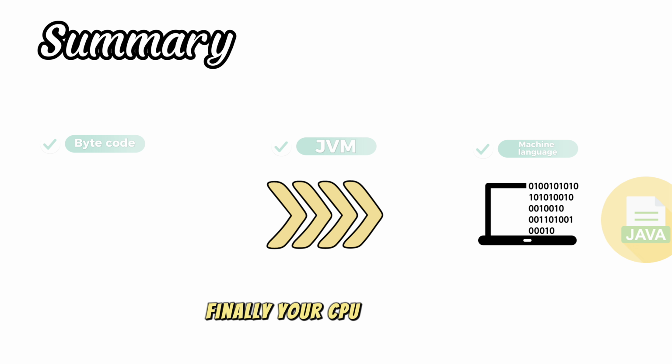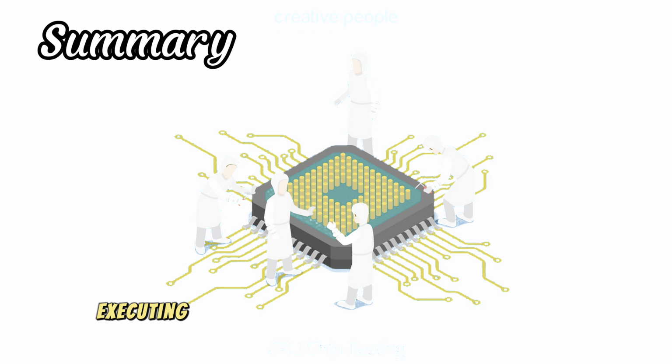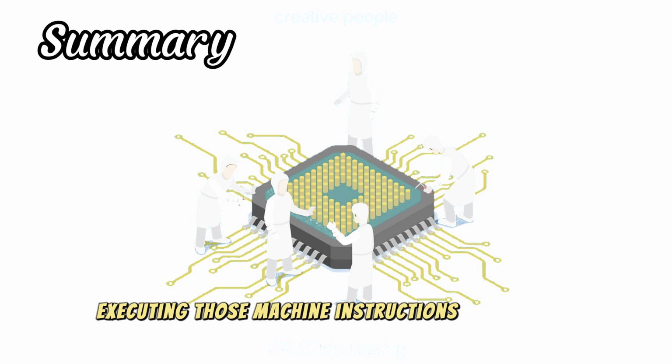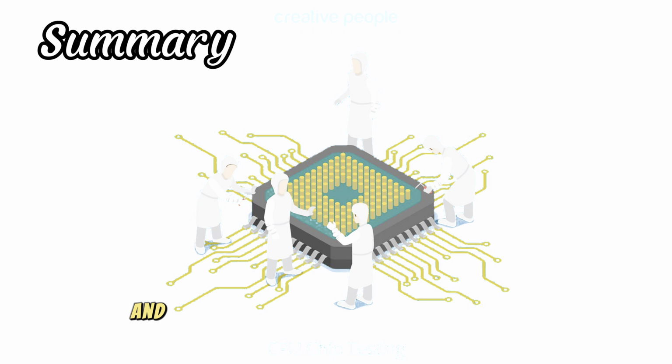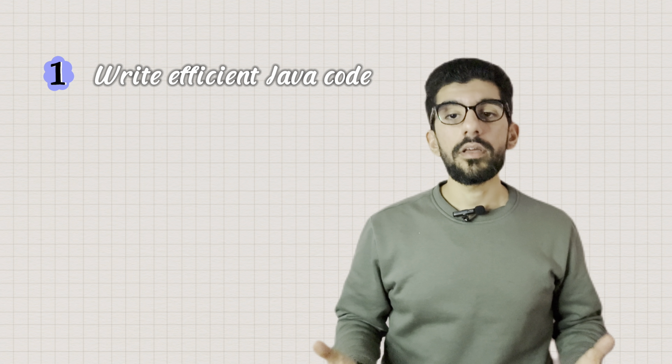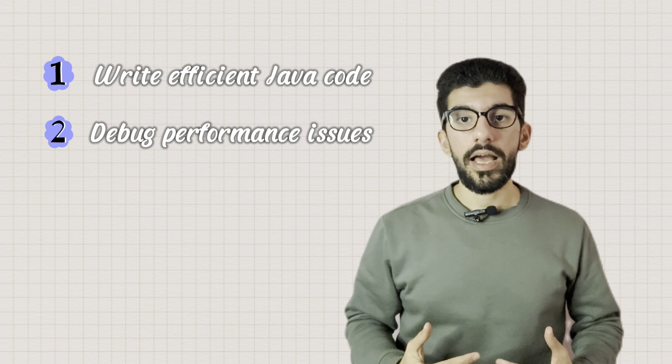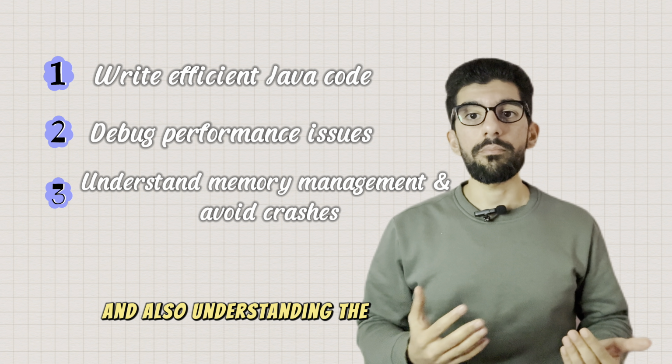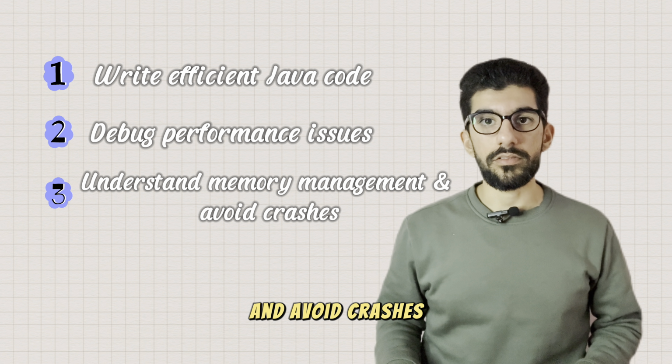Finally, your CPU takes over, executing those machine instructions step by step. And just like that, your code comes to life. Understanding this flow helps you to write efficient code, debug performance issues, and also understand memory management and avoid crashes.